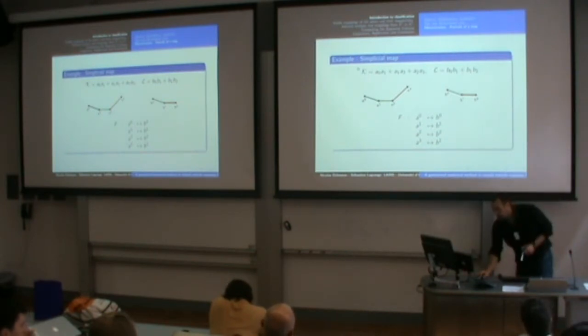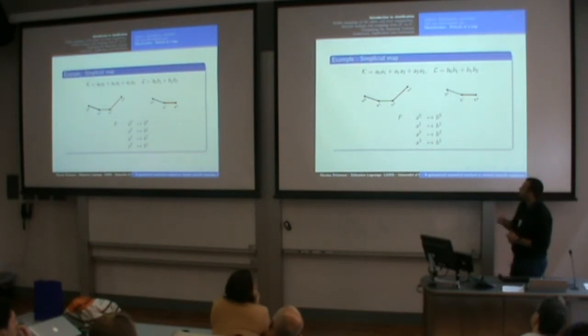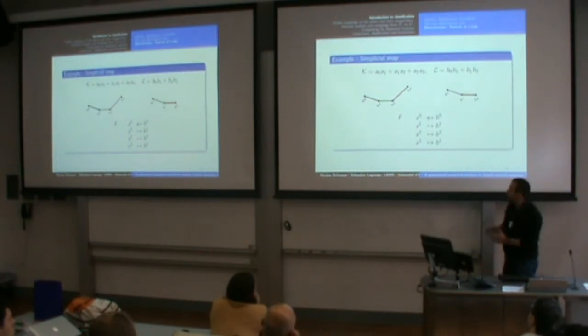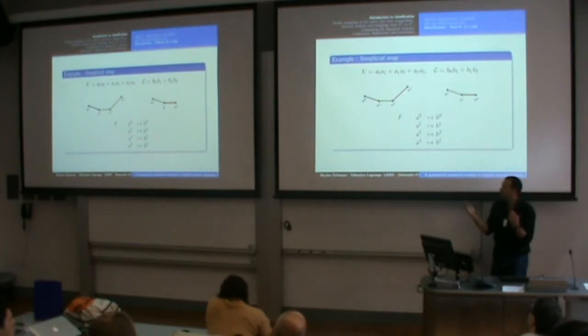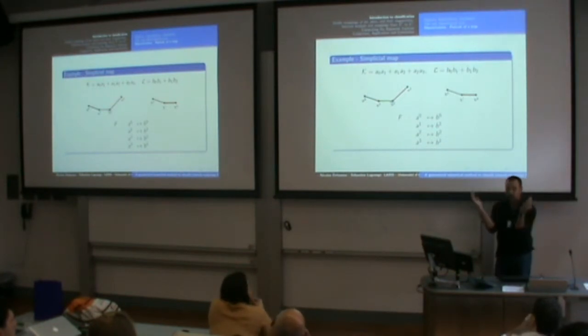K is a simplicial complex created with three line segments. The second one has two line segments, and I'm going to map those four elements to elements of L, and this is a simplicial map. So you can imagine this as the red line being mapped like a fold inside the same place where the green one is mapped.